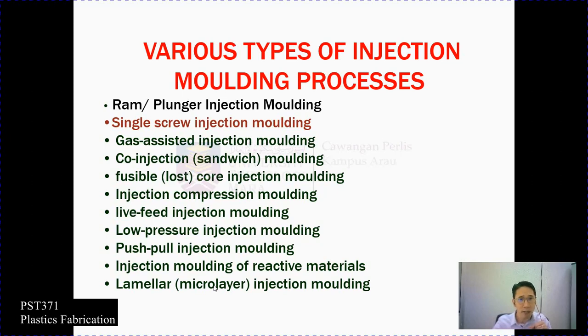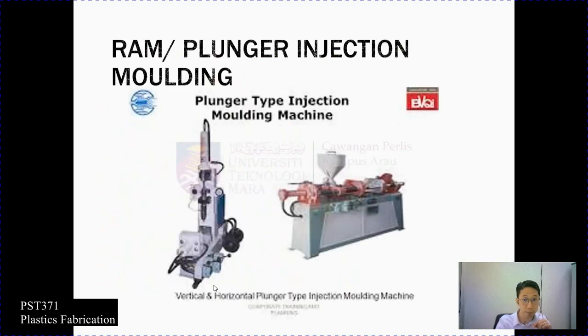And then we have gas assist injection molding, co-injection or what we call sandwich molding, fusible core injection molding, injection compression, live feed injection, low pressure injection, push-pull injection molding of reactive materials, and finally lamellar micro-layer injection molding. Nowadays, these types of injection molding are sometimes combined together in order to produce a desired part or component demanded by the end user.